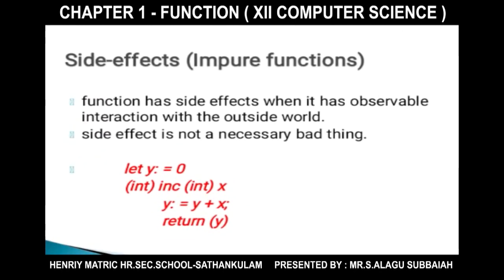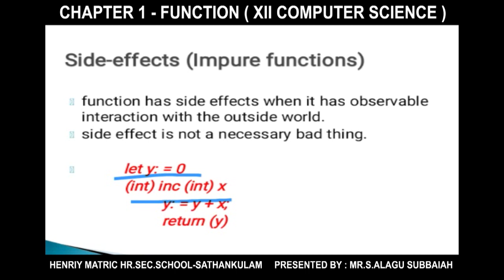So inc is a function. It is an integer function and it has an integer variable x. Before the function we are declaring y equal to 0. It is the global variable, x is the local variable. Inside the inc function the y value is updated.